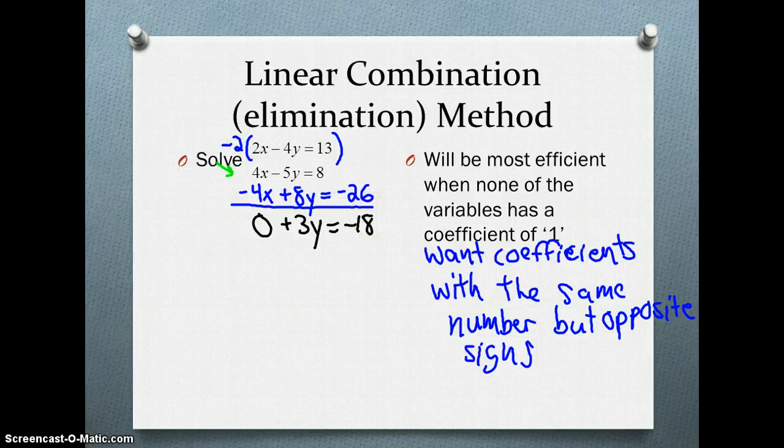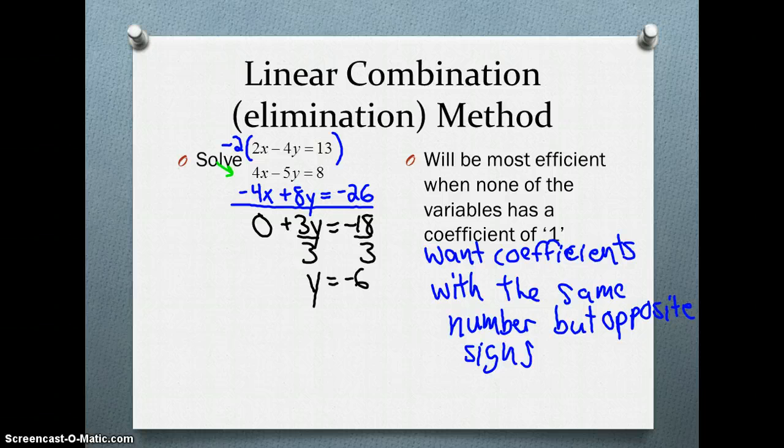So what we were able to do is eliminate the x and just combine the two equations. Once we get here, we divide both sides by 3. I get y equals negative 6.